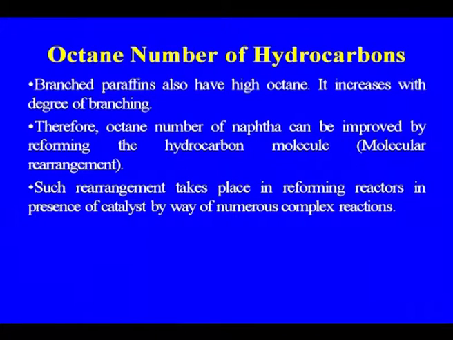Therefore, the octane number of naphtha can be improved by reforming the hydrocarbon molecules, that is, molecular rearrangement of the various constituents present in the naphtha. Such rearrangement takes place in reforming reactors in the presence of catalysts by way of numerous complex reactions, because a large number of reactions take place during the catalytic reforming process.